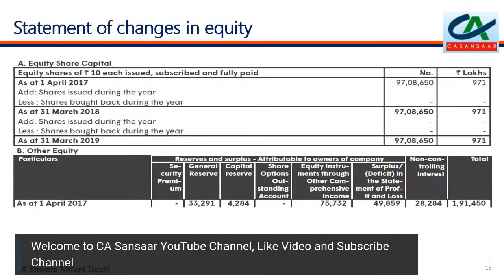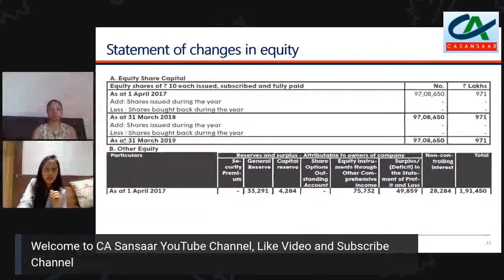Now, OCI format I have discussed in detail. I'll also show an illustration of a listed company for the statement of changes in equity. So you have the opening, you have equity share capital and you have other equity. You have as on the opening date, comparative year end and the current year end. You have to show all the movements in this equity share capital. Then you have other equity. You have all the components.